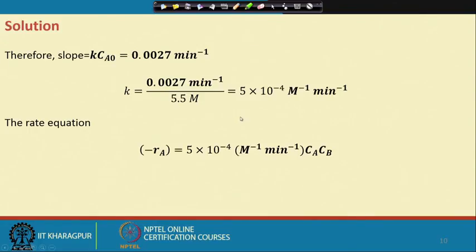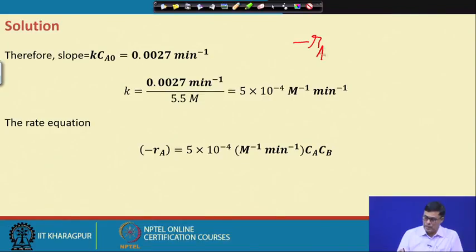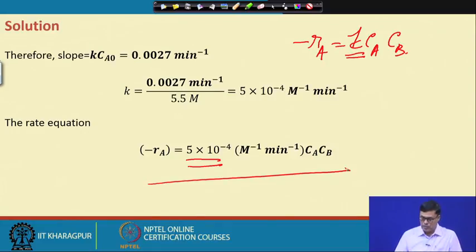Now once we get this K value, then we know our rate equation. What is our rate equation? Minus Ra equal to K into Ca by Cb. Am I right? Now K value has been determined, so we can put this K value here, and this is how we can write the rate equation.